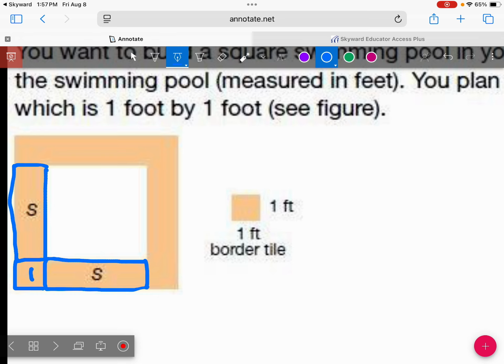So if we look at my oh so beautiful pool over here, I've got a side S, I've got a 1, I've got a side S. Same kind of pieces. So we want to know which of these are going to be equivalent to the whole walkway around my pool.